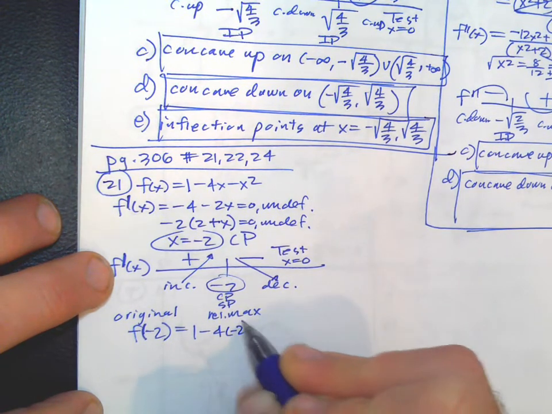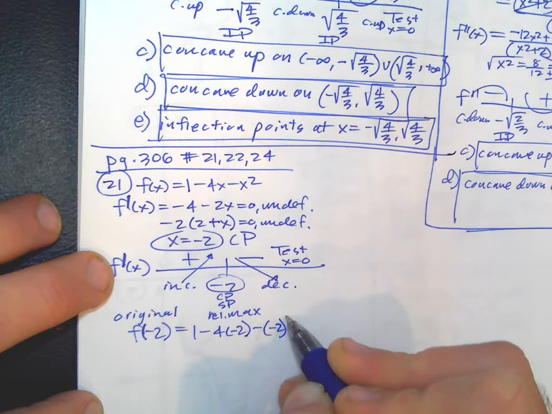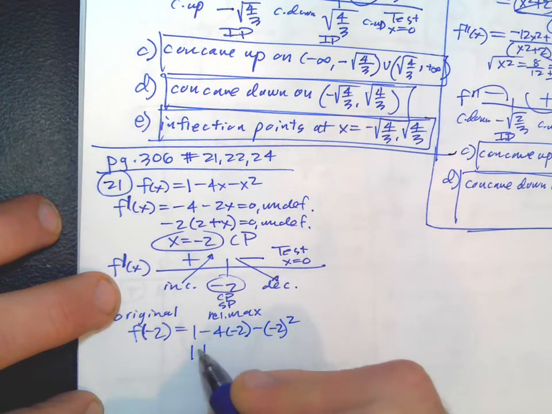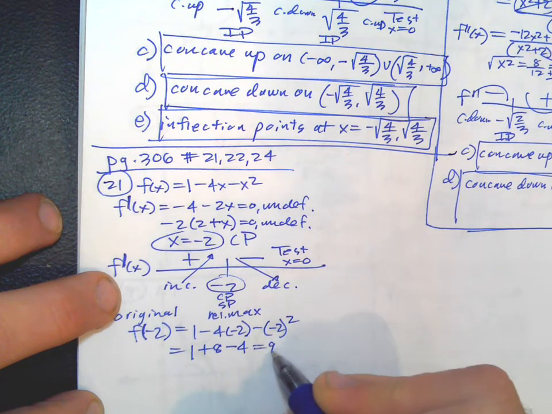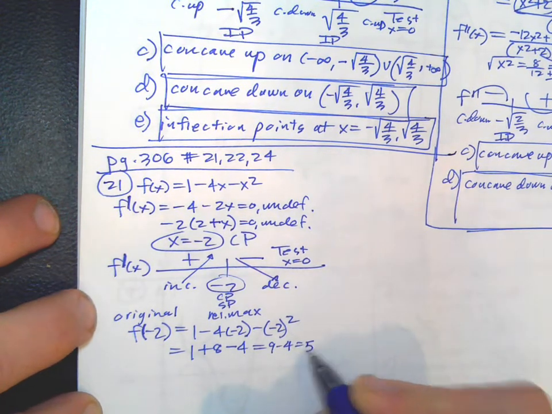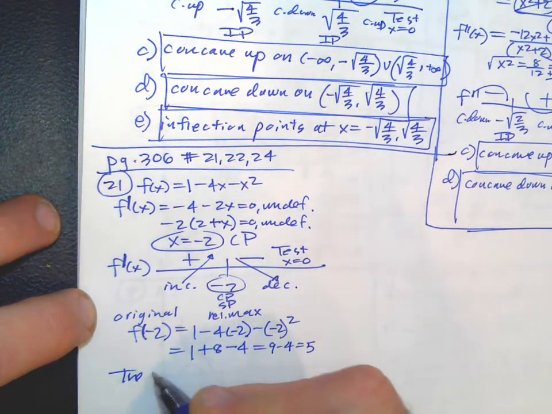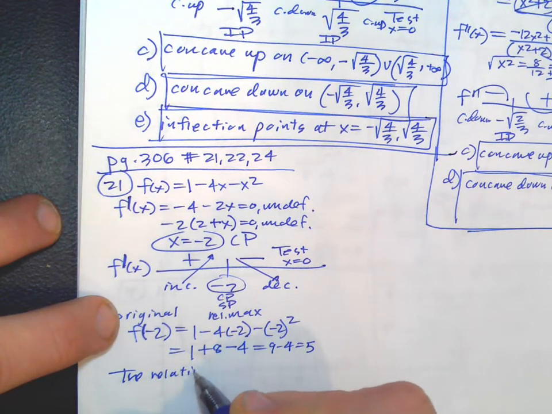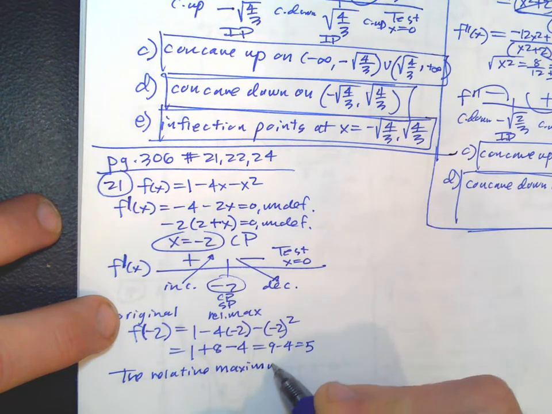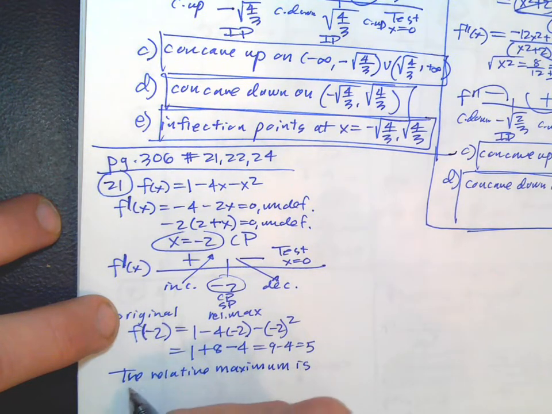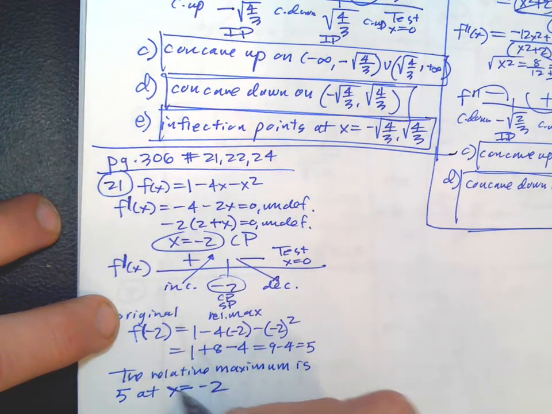So if we plug that in and simplify, we get 1 plus 8 minus 4. 9 minus 4 is 5. So the relative maximum is 5 at x equals -2.